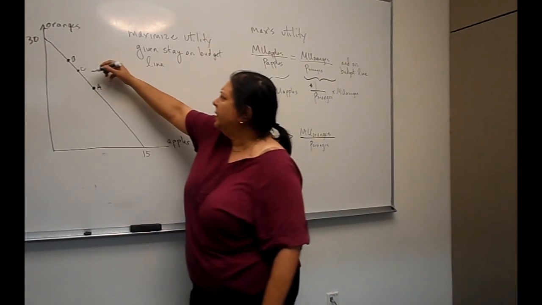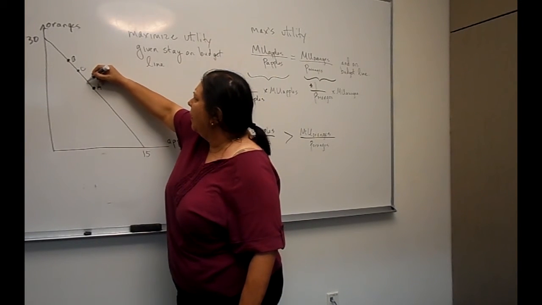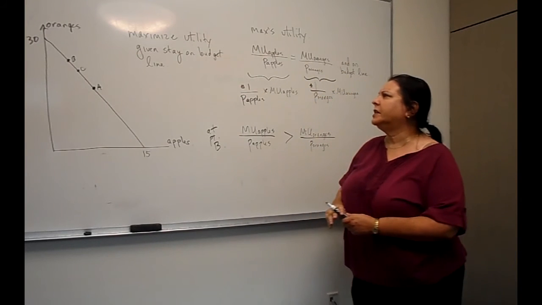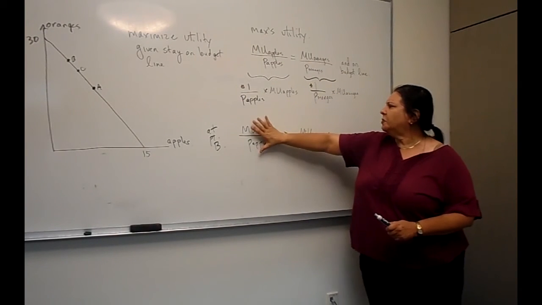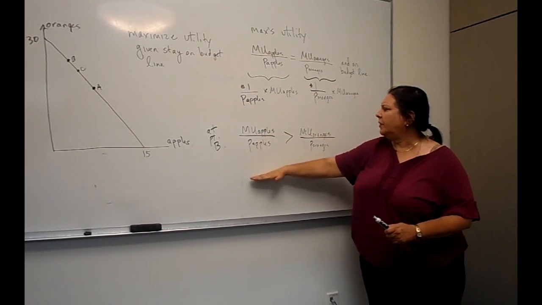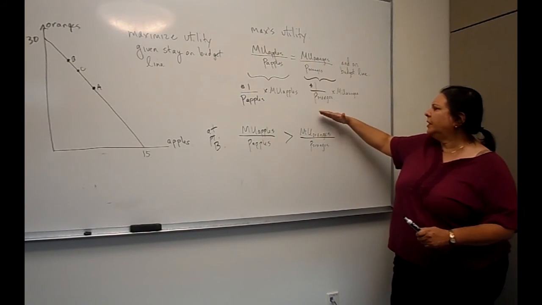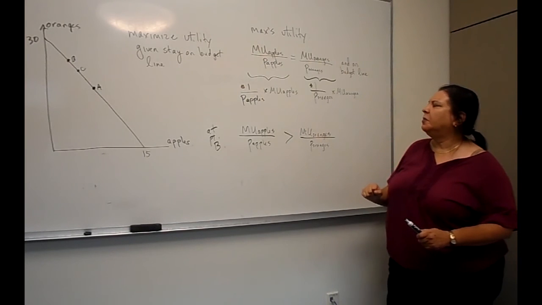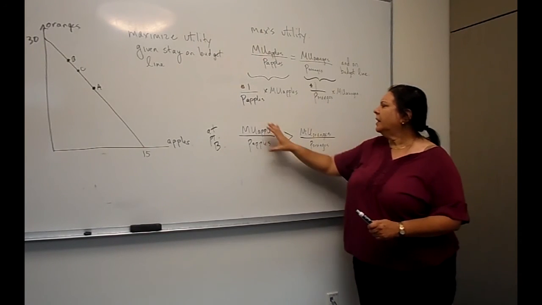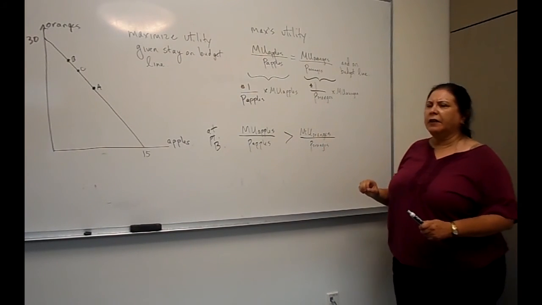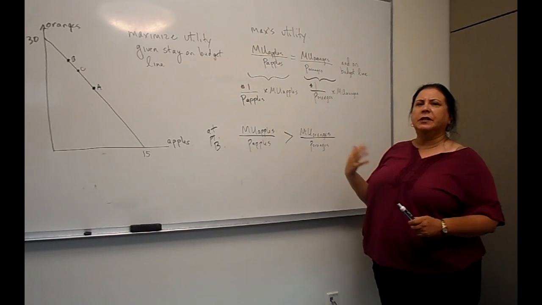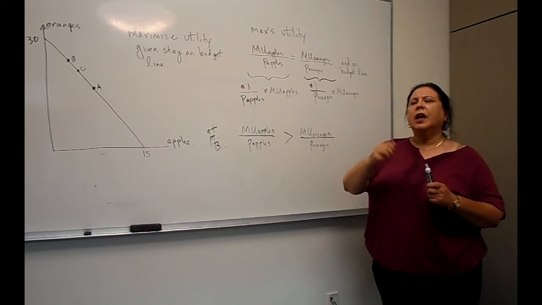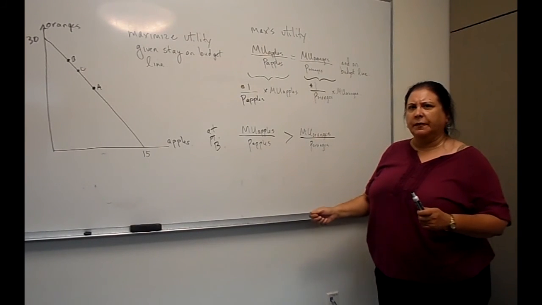And that keeps happening until I move all the way down to point A. As I move down from point C to point A, this marginal utility is going down. This marginal utility is going up. They're going to meet in the middle, let's say at point A, and that means at point A I've maximized my utility, because now I can't change how I spend the additional dollar and get higher utility.